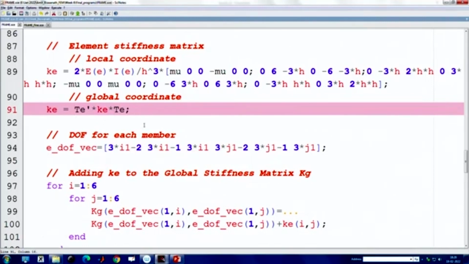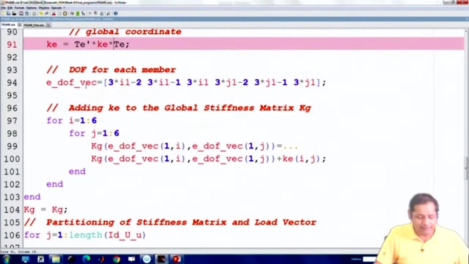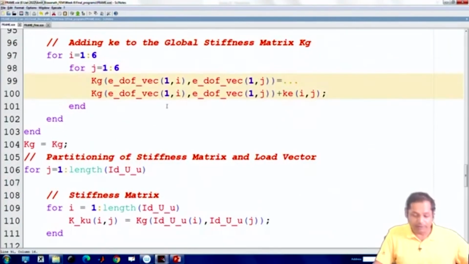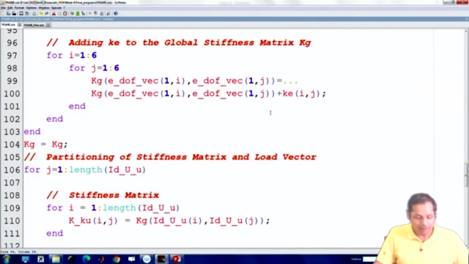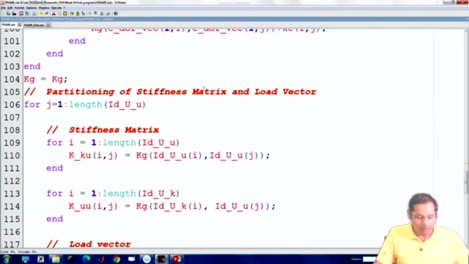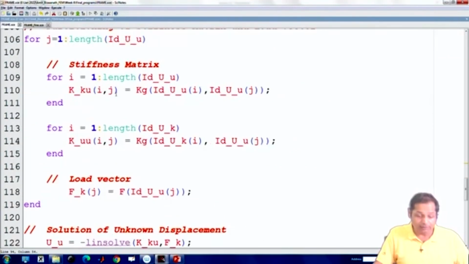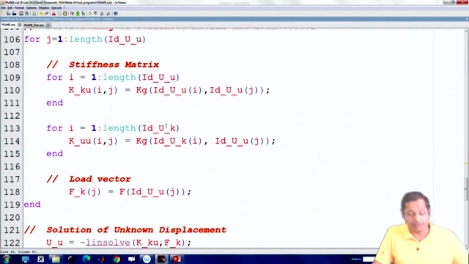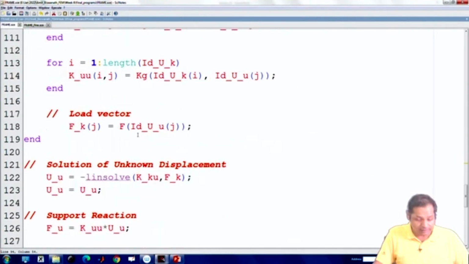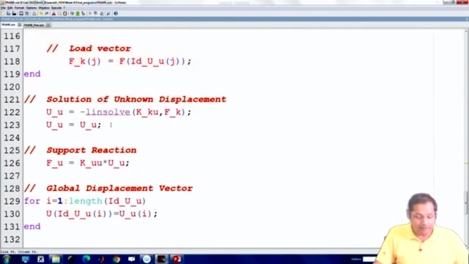Then we can assemble them depending on the connectivity, and this vector identifies the degrees of freedom of that particular element. So this gives you the global stiffness and global load vector. Then we have to partition it to get the condensed equations. So this does this. And then finally the solution.